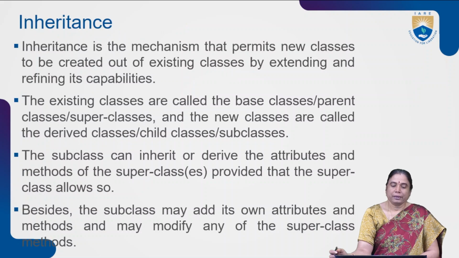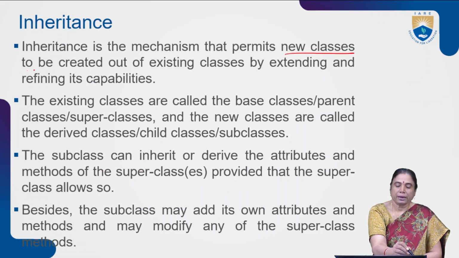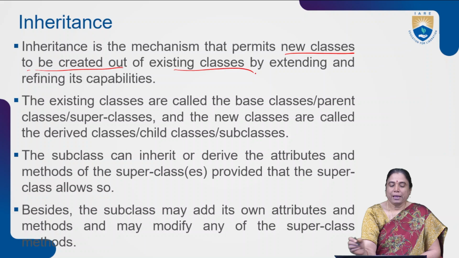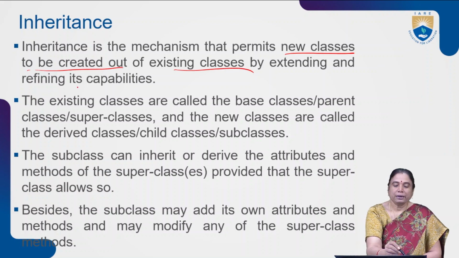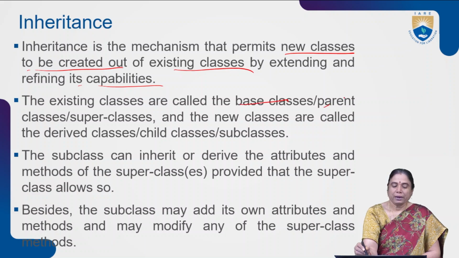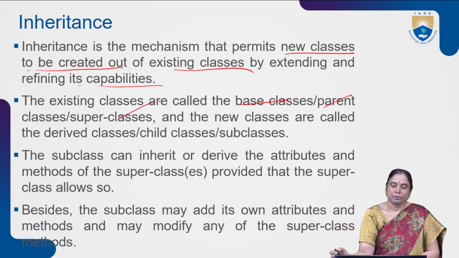Next is inheritance. Inheritance is the mechanism that permits new classes to be created from existing classes by extending and refining their capabilities. The existing classes are called the base class, parent class or superclass.